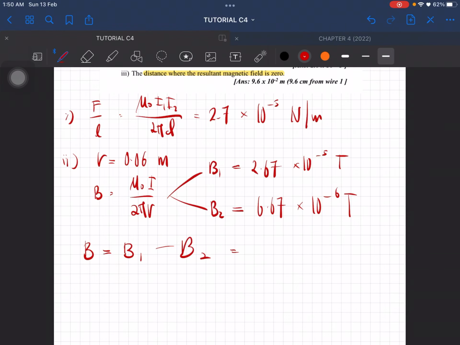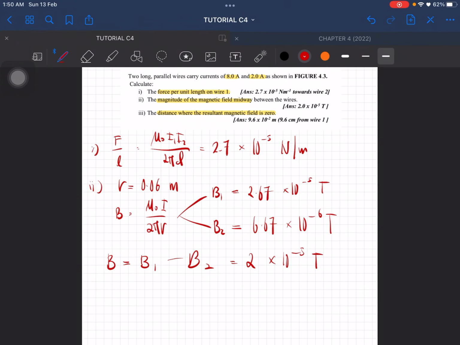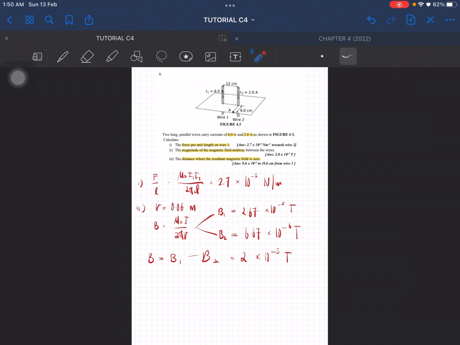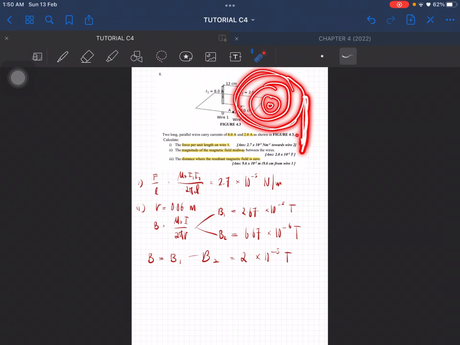So you should get 2 times 10 negative 5 Tesla. Okay, can you understand? I hope you are still able to determine the direction of the magnetic flux. Remember the magnetic field lines, the magnetic flux is tangent to the magnetic field line. So this is the magnetic flux.